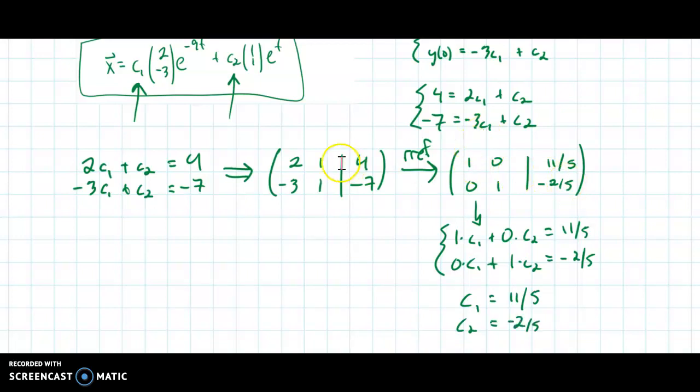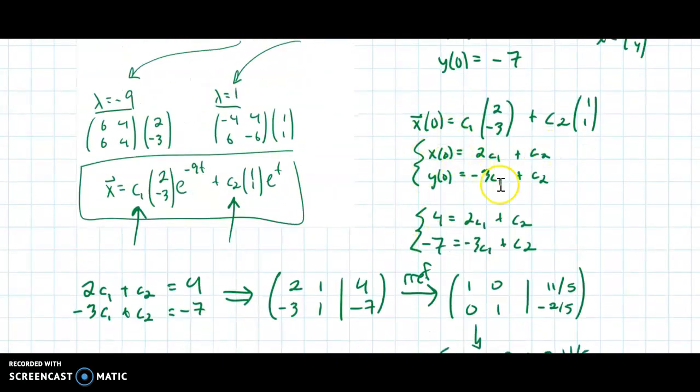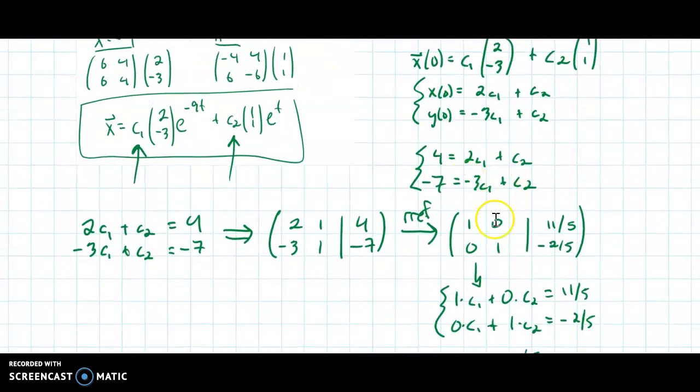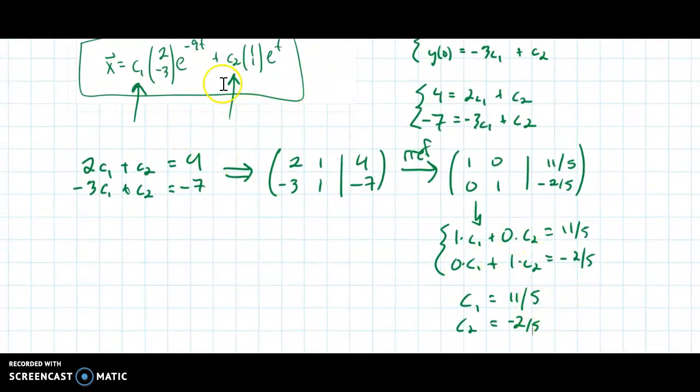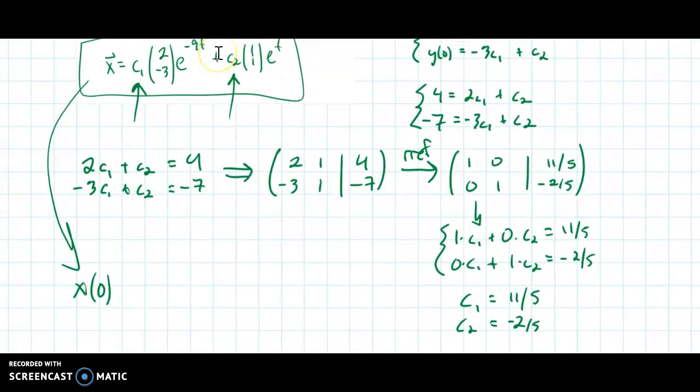What I want to point out here is that you can go through this process very, very quickly. I showed all these steps, but I think you could do it without much work, and it helps you deal with initial conditions when you have a system like this. Because what's that tell me? 11/5, negative 2/5. I can take this, and my particular solution that would have these initial conditions, initial x and initial y of these guys, is going to be x naught of t is equal to, all right, C1, I just write 11/5.